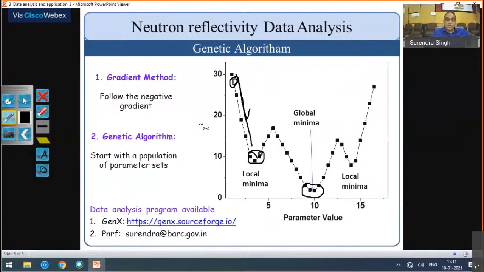These local minima are sometimes very difficult to avoid. You may not reach the global minimum, which is the best parameter you want to achieve. So there are other methods to do this, one of them is to do this chi-square.